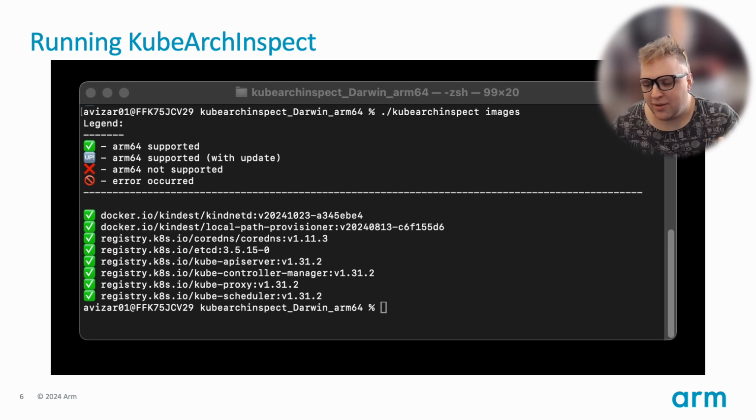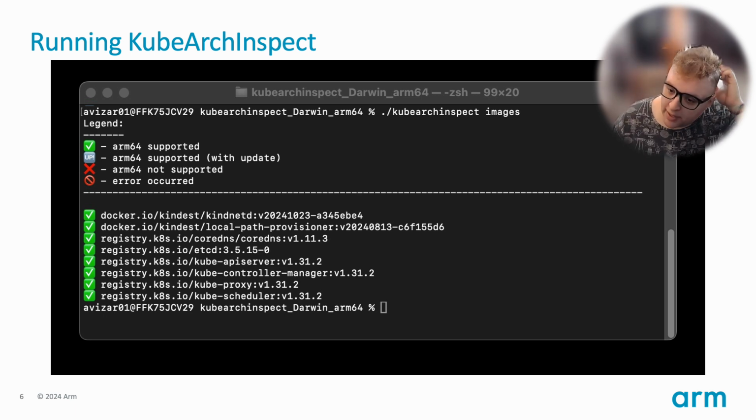This ran for me in like a second because it's a very small example cluster. Yours might take a minute to go through and check for that compatibility, but at the end you will get a list very similar to this that gives you a bit of direction towards ARM64 compatibility in your existing Kubernetes cluster.